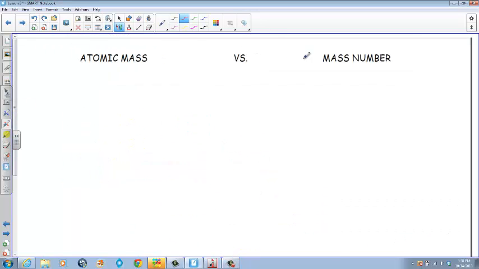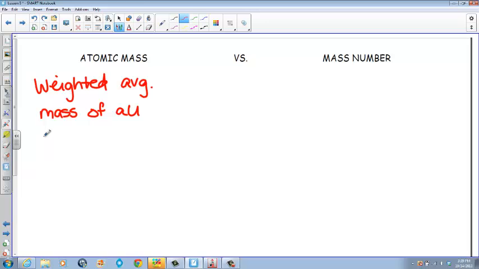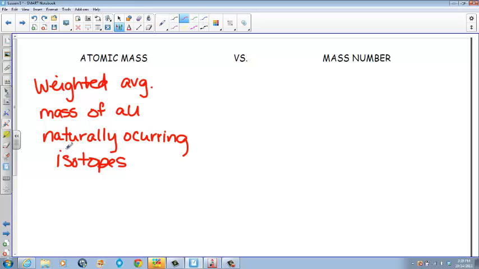Okay, so ultimately, what is the difference between atomic mass versus mass number? Okay, this is the weighted average mass of all naturally occurring isotopes of an element.